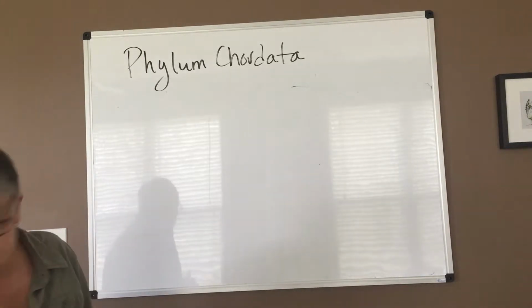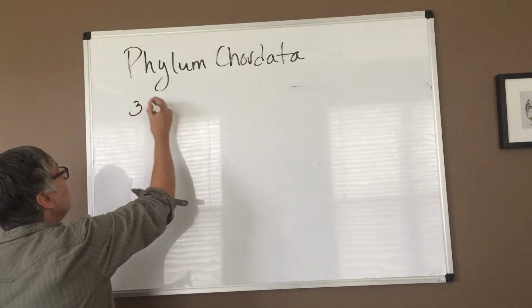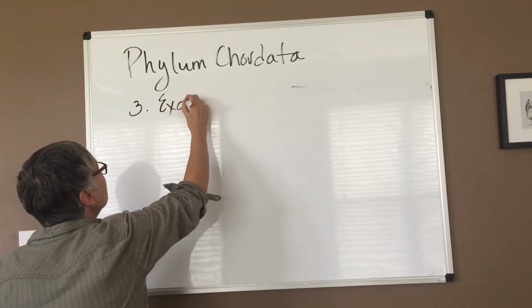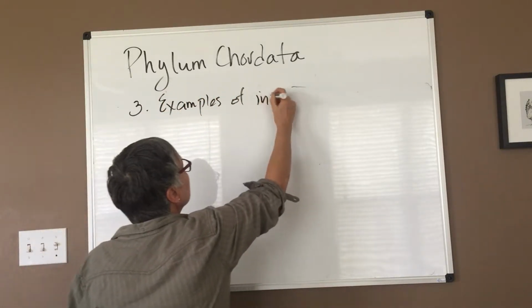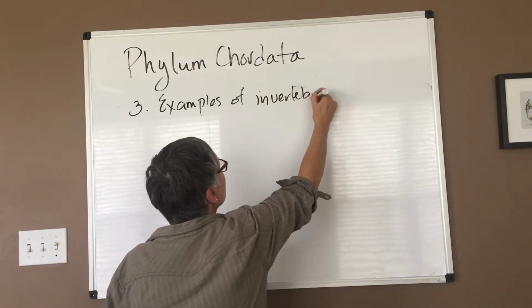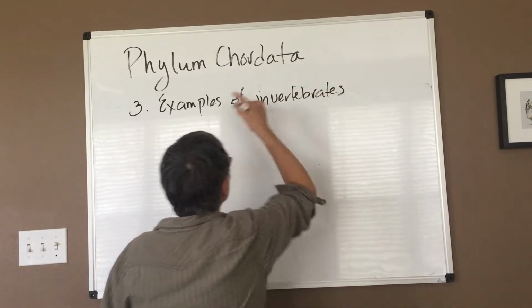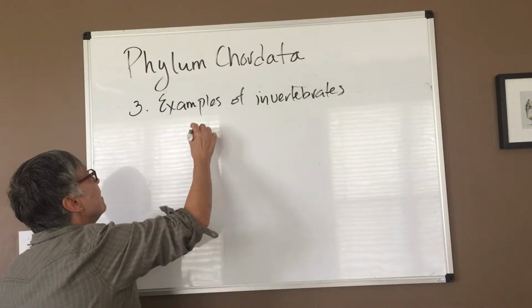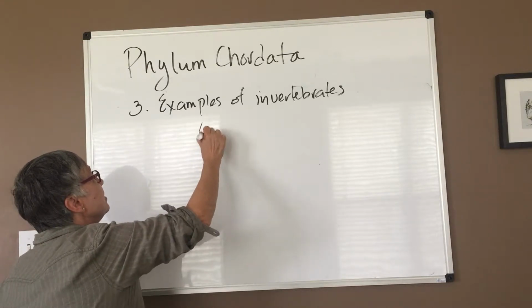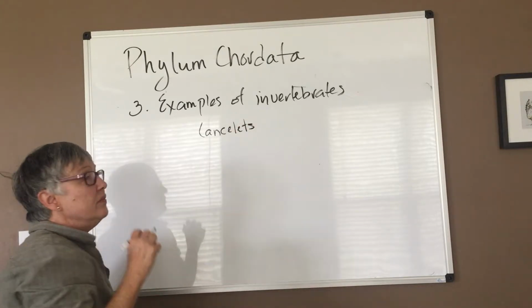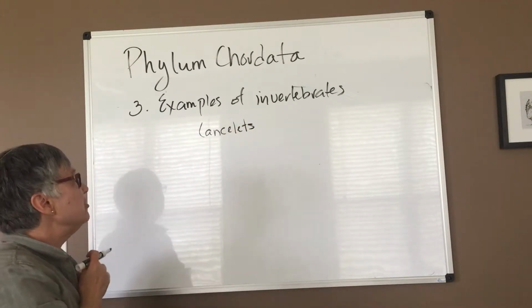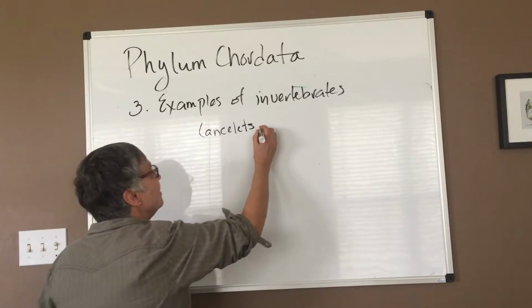We'll make this characteristic number 3. So examples of invertebrates in this phylum. There is a group of very small creatures that are called lancelets.